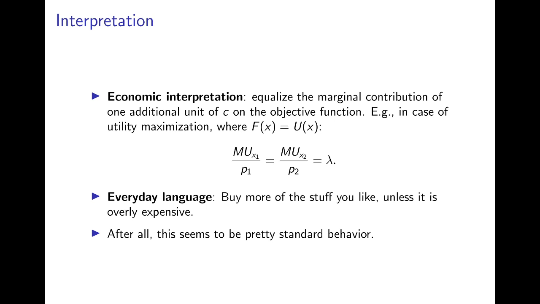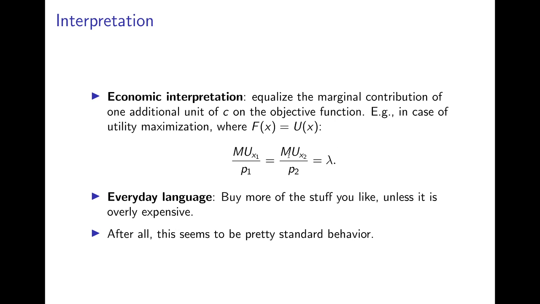So we would do this in a way that at the optimum we could not reallocate a certain budget between the different goods and thereby increase our utility, because if we could, then the initial choice would not have been optimal in the first place, and the necessary first order conditions from the utility maximization problem would have been violated in this case.